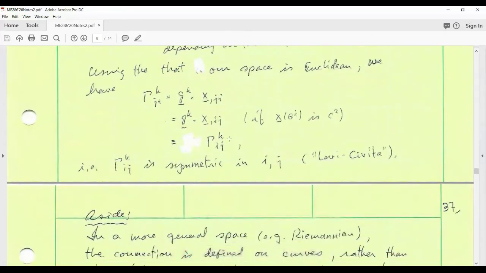So Euclidean space is an example of a space in which the connection coefficients are symmetric in the subscripts. In fact, that property is also true in more general kinds of space, such as so-called Riemannian space, which is exemplified by four-dimensional space-time theory of gravitation. So in the Riemannian space associated with Einstein's gravitation theory, the connection coefficients, which arise due to the presence of gravity, are also symmetric in the subscripts.